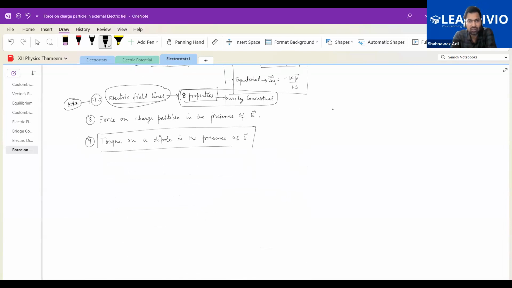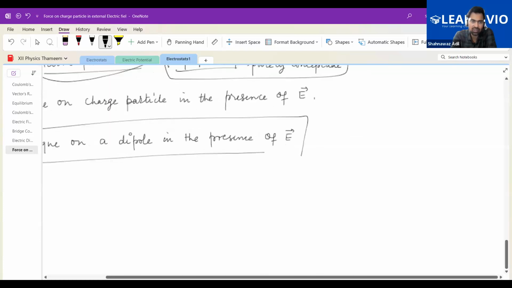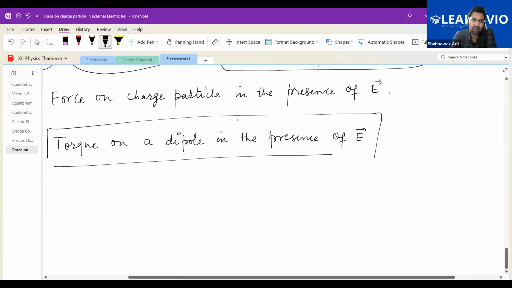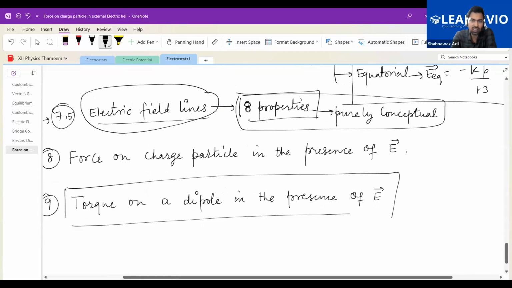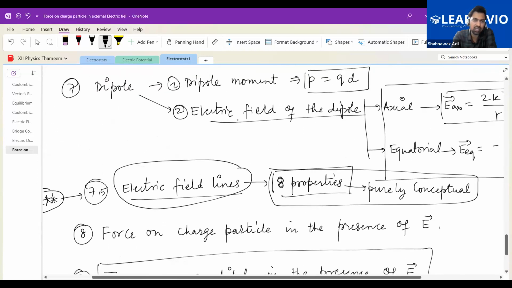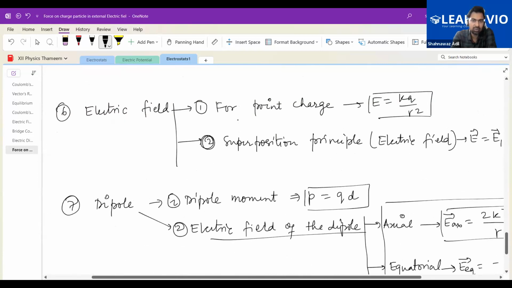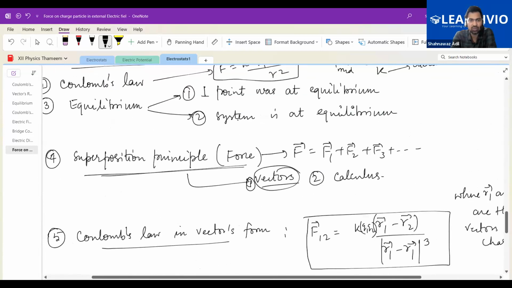For the exam preparation, we'll do the important questions. But please revise all these things, right? These are very important. And if you face any problem in understanding any of the topics, please let me know.